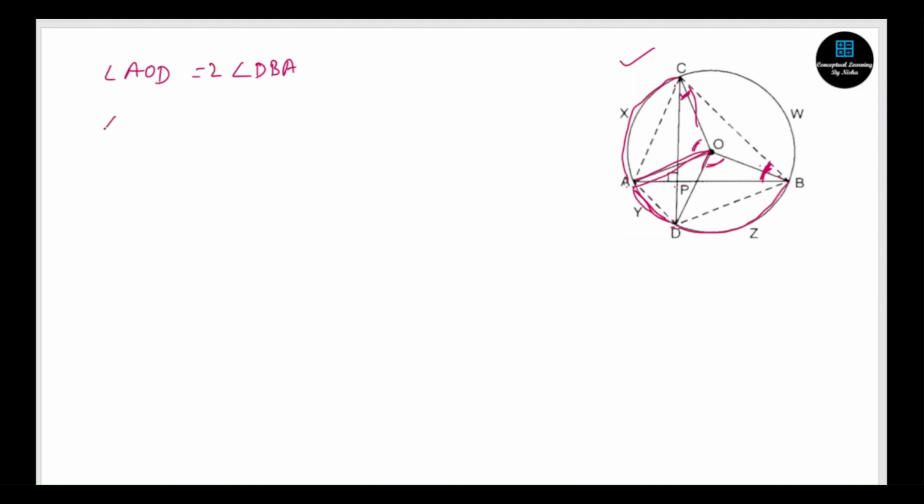Same way, angle BOC is equal to 2 times angle CDB. Now I can add them. So angle AOD plus angle BOC equals 2 times angle DBA plus angle CDB.